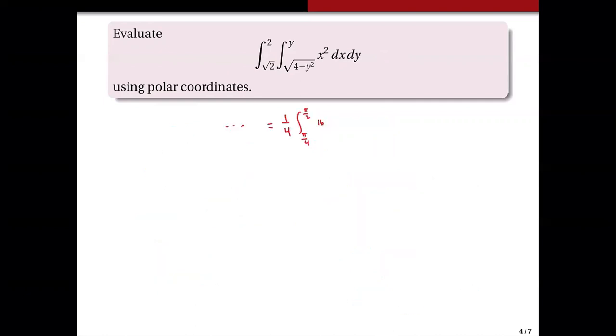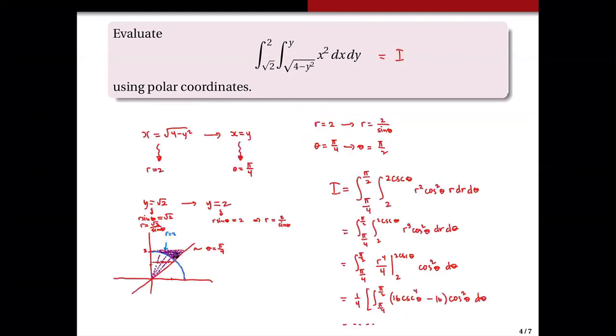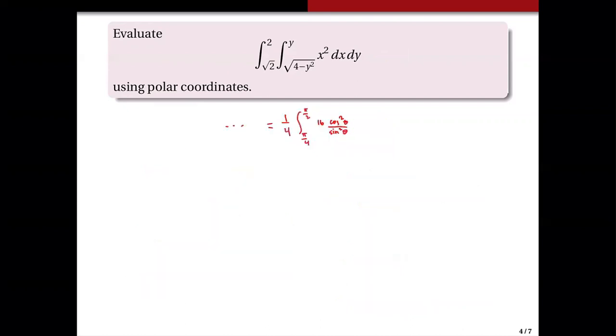So that becomes 16 cosine squared theta over sine squared theta, and then minus 16 cosecant squared theta. Minus 16, not cosecant, cosine squared theta. And then you have your d theta.